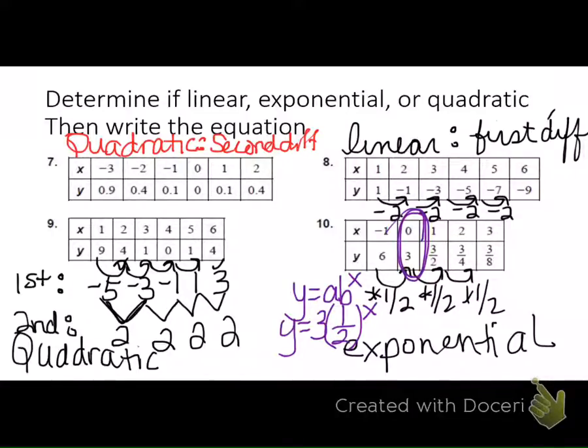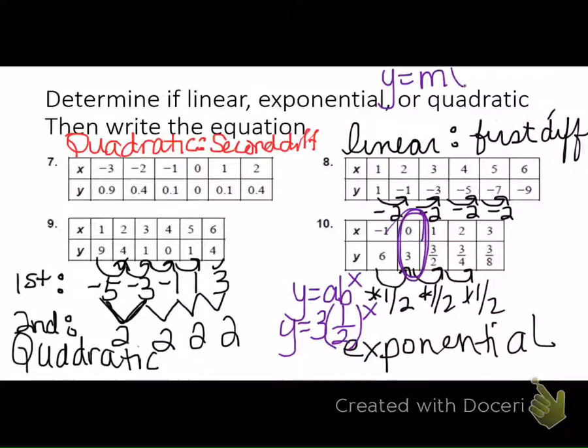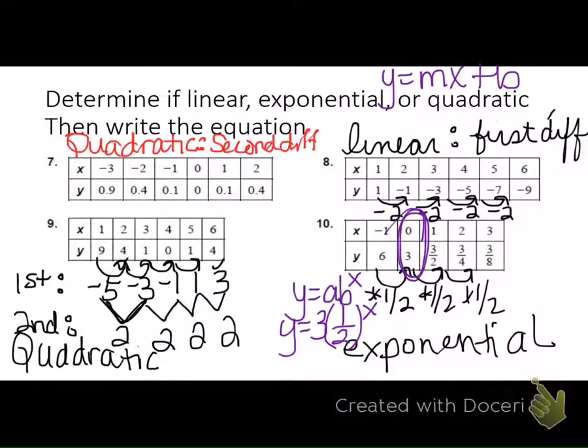y equals mx plus b. Do we know the y-intercept on our graph? No, we don't. But we need to find out when x is 0. So we need to back this up.